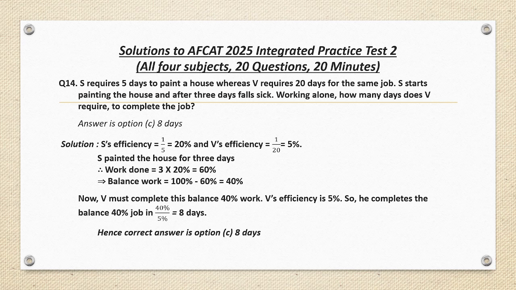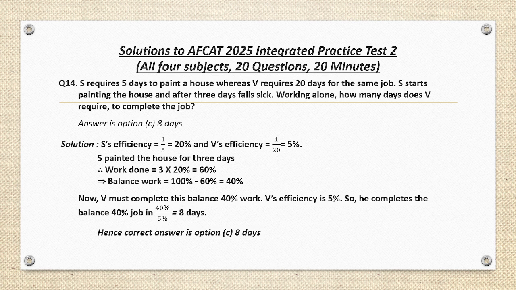What is 1 by 5? 1 day work. S takes 5 days to complete a work. So what is 1 day work? 1 by 5. So 1 by 5 is 20%, right? And V requires 20 days. So 1 day's work is 1 by 20, and 1 by 20 is 5%. S is 20%, V is 5%, right?